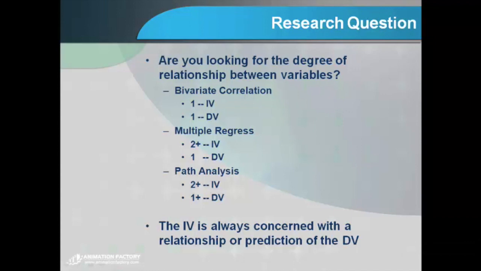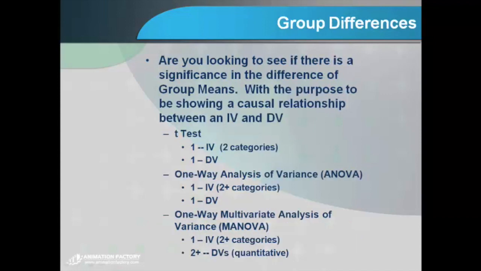Then you can do multiple regression, and notice that here you have two IVs and one DV. And then in path analysis, you can have two IVs and one or more DVs. The independent variable is always concerned with its relationship to the dependent variable or how it can be used to predict the dependent variable.